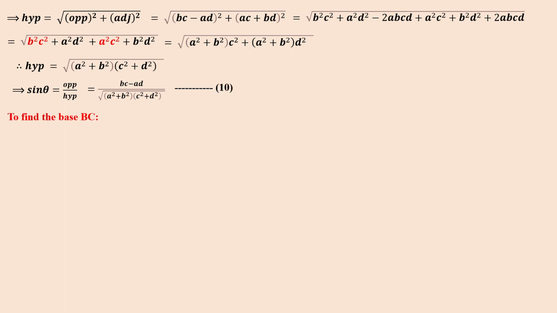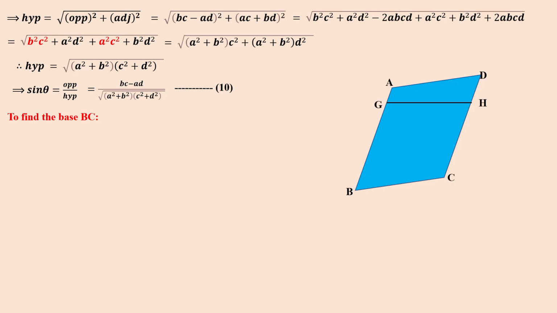So to find the base BC, this is ABCD, right? And GH. So this is theta, right? So draw CR parallel to GH, right? From C you are making a perpendicular line to AB, which is equal to GH, that is the distance, right?